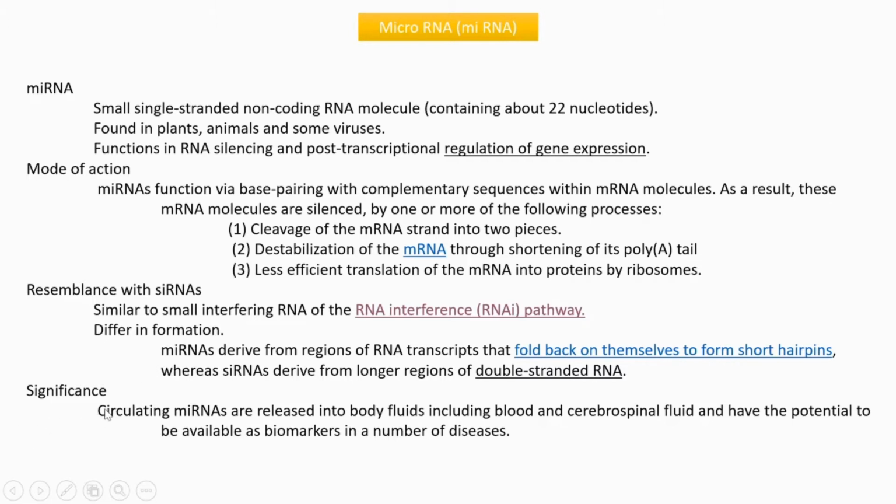Then coming to significance. miRNA plays an important role in controlling the expression of many genes. That controlled expression is very important to maintain the normal state of our body function. If that regulation doesn't happen, it results in some serious diseases, for example, cancer.